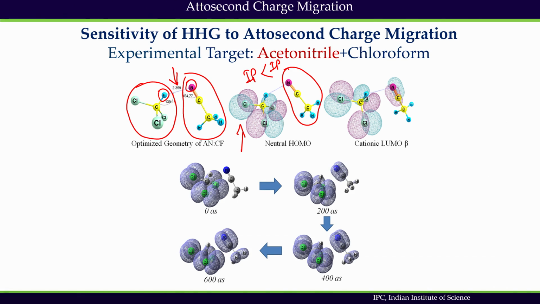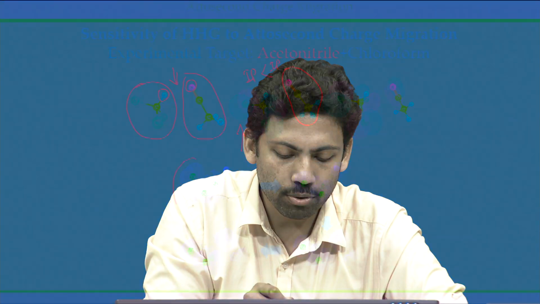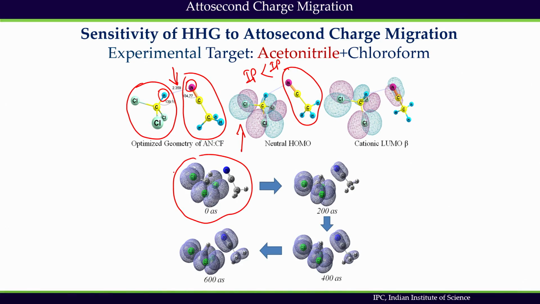Even though they are bound together, because this molecule has lower ionization potential, when I undergo tunnel ionization, electrons will preferably be removed from this molecule only. And once we remove an electron, we create a hole, and that is the hole density we have shown at the 0 attosecond time point.